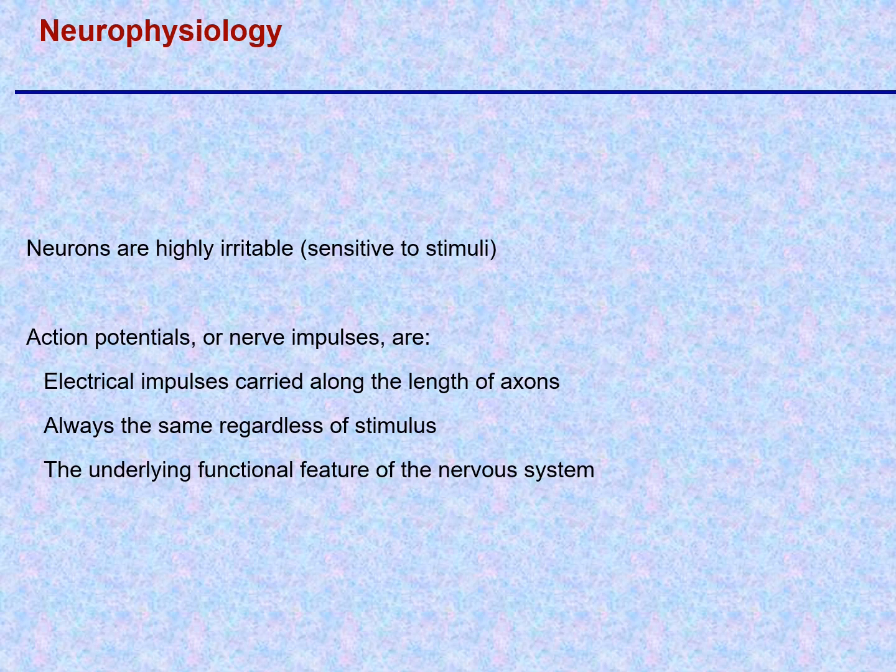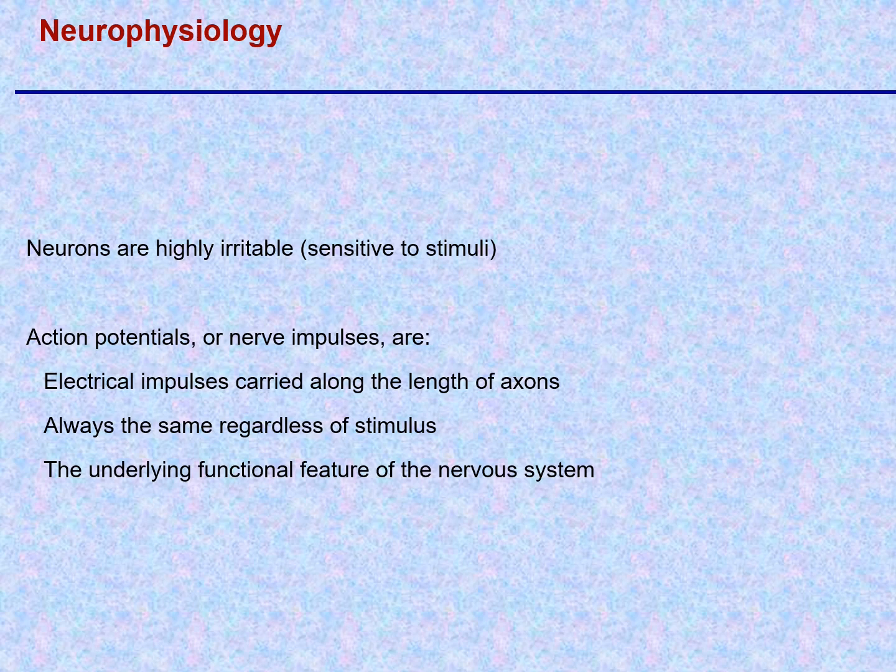When stimulated appropriately, they can generate impulses or action potentials, and these can carry along the length of these projections of the cell body called axons, which can be incredibly long compared to the size of the main part of the cell.